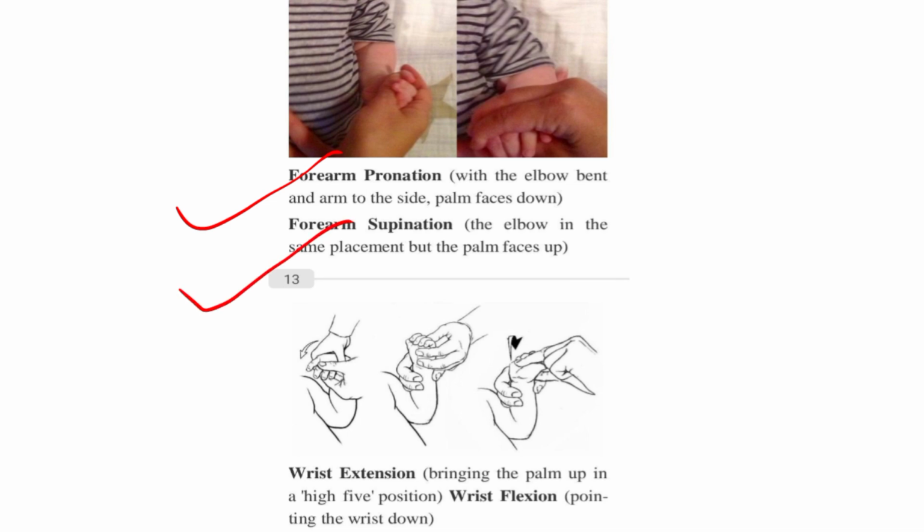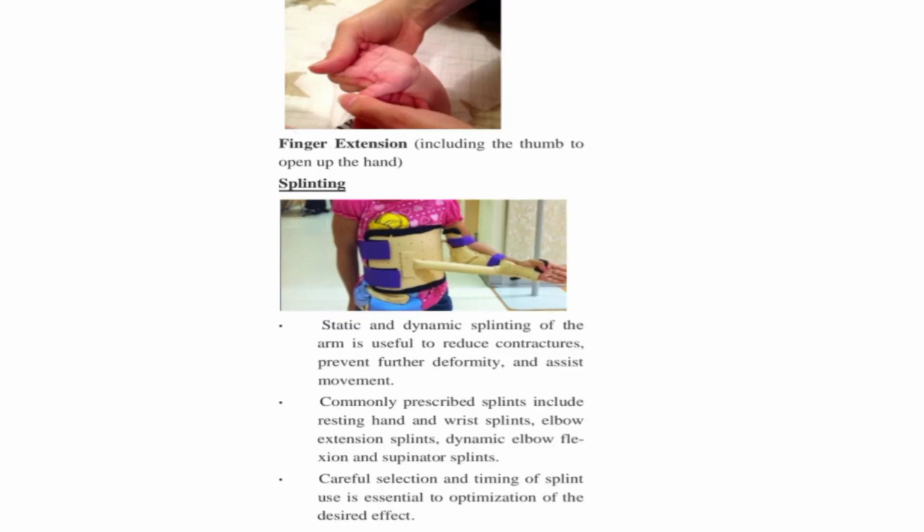All the anatomical range of motions, all the movements of the upper extremity, you can do: wrist extension and flexion, finger extension, and we can use splinting.